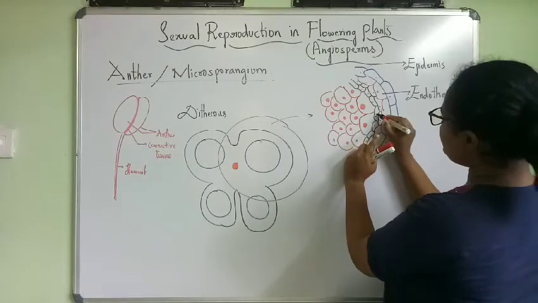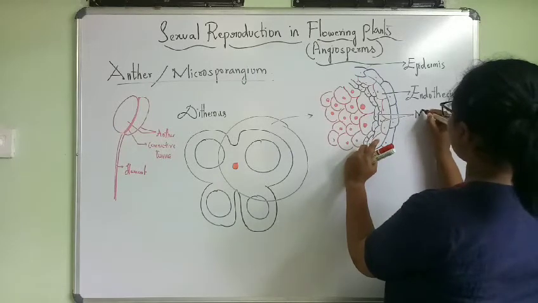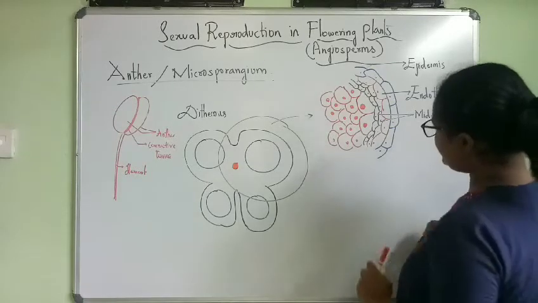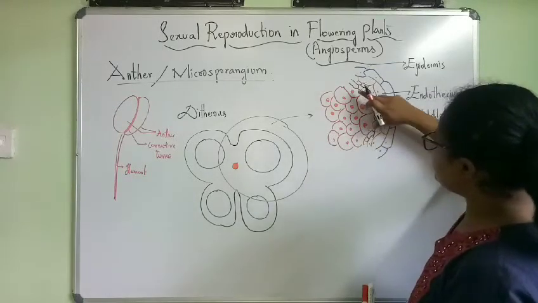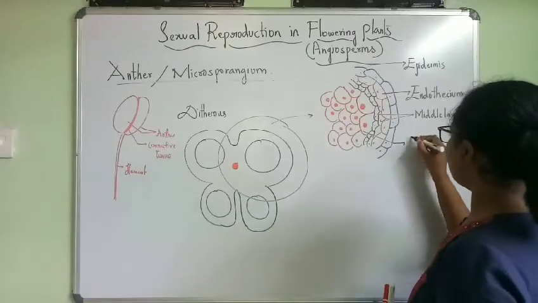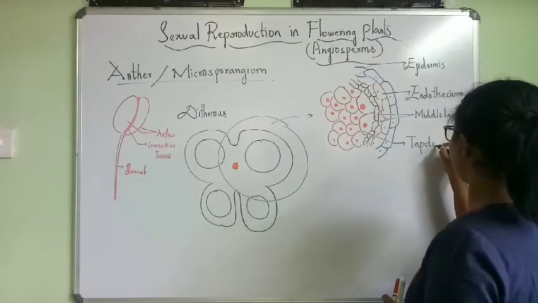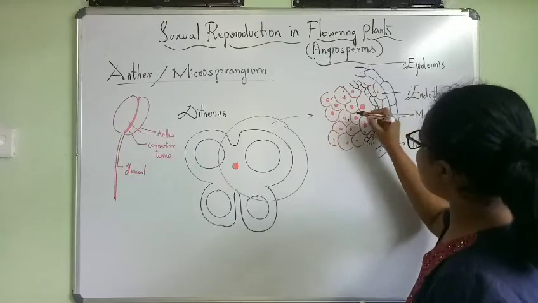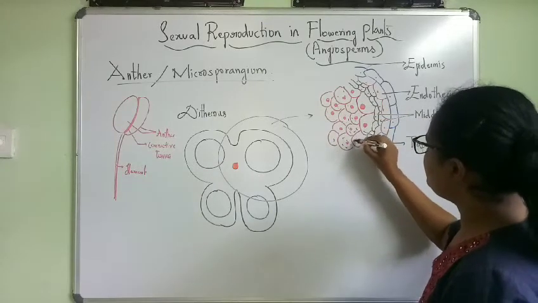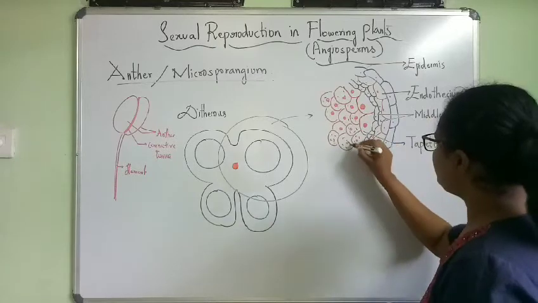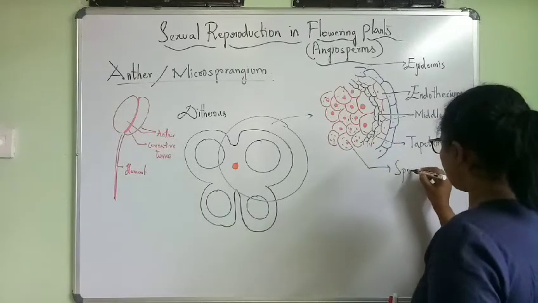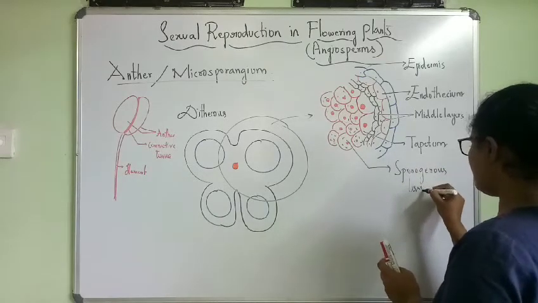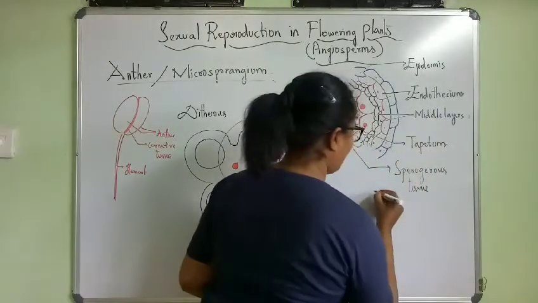Next to the endothecium there are 2 layers, which we call the middle layers. The next layer is called the tapetum, and these cells are nothing but our sporogenous cells, or tissue, which contains what?